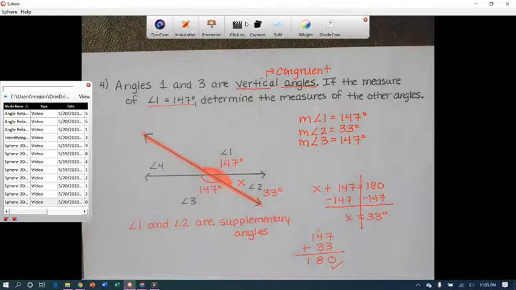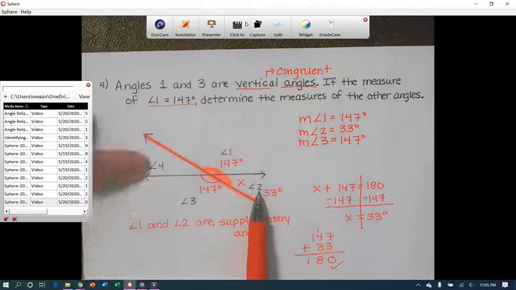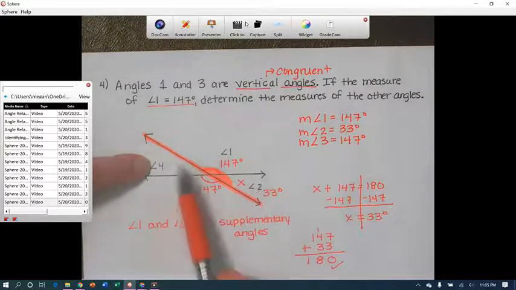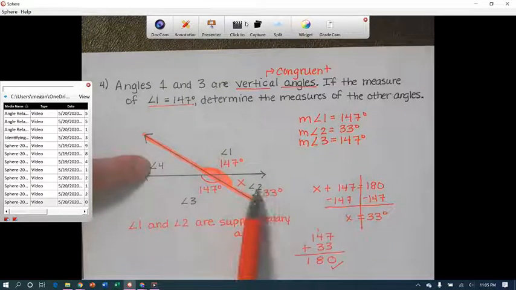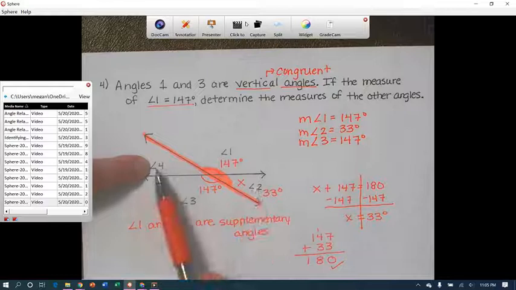Well, how do we figure out the measure of angle 4? Angle 2 and angle 4 form a special relationship as well. They are across from each other, and so they are also vertical angles, meaning they're congruent. So if angle 2 is 33 degrees, the measure of angle 4 is the same.